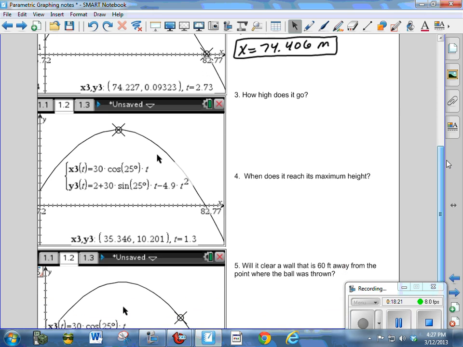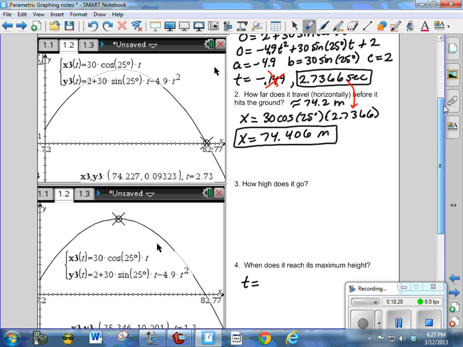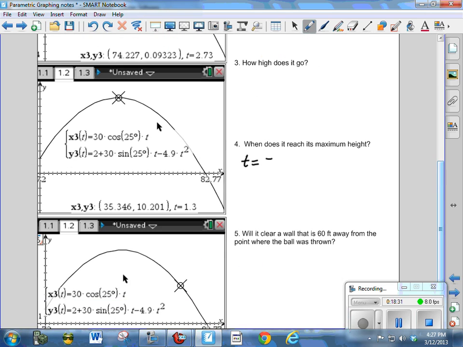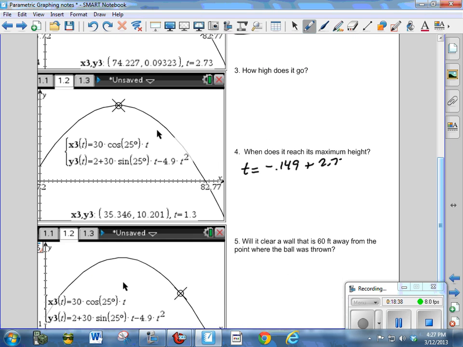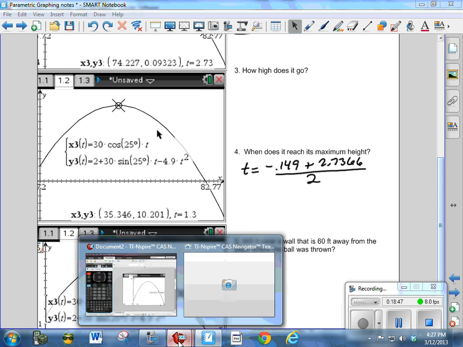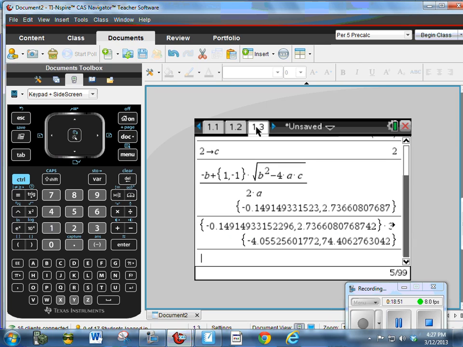But let's remember that it's going to reach its maximum height at a time that is the average of these two times we found, negative 0.149 plus 2.7366, divided by 2. So if we find that, that should give us our time. So I am going to go back to my calculator page that I was just on.